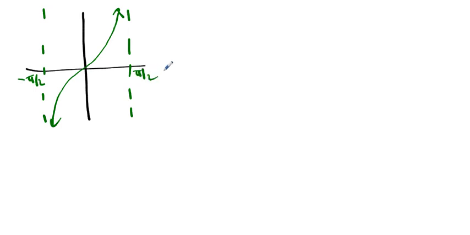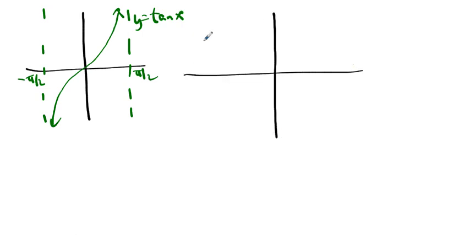Tan. Well, tangent was one of those where restricting the domain is pretty straightforward. You just restrict it at negative pi over 2 and pi over 2. This is tan x. If I want the inverse tan function, well, the domain becomes the range.